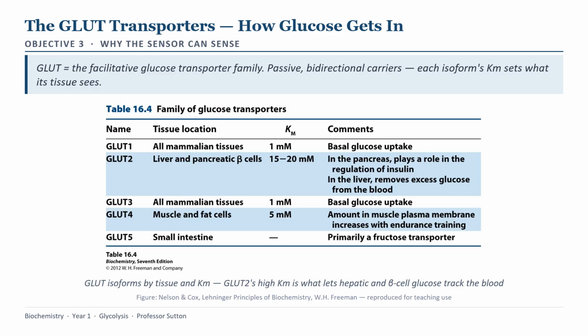And GLUT5 is the fructose transporter in the intestine and testes, which returns us at objective 8. We'll talk about that later. One tieback: these transporters carry neutral glucose. They do not carry glucose 6-phosphate. That is why phosphorylating glucose at step 1 traps it.